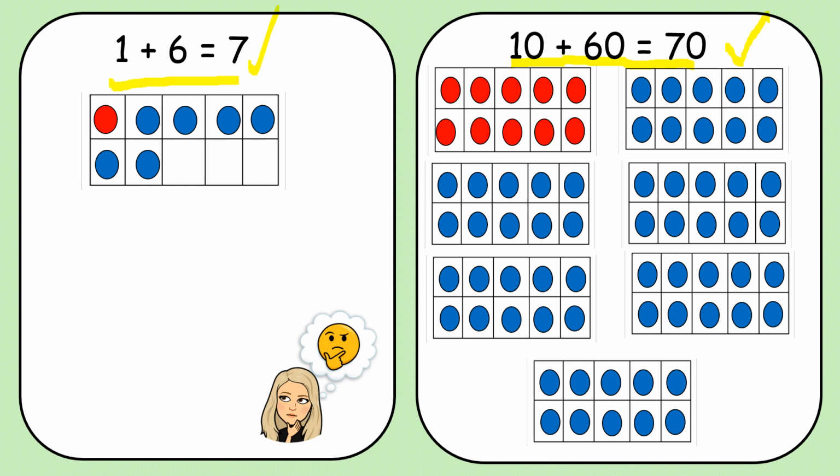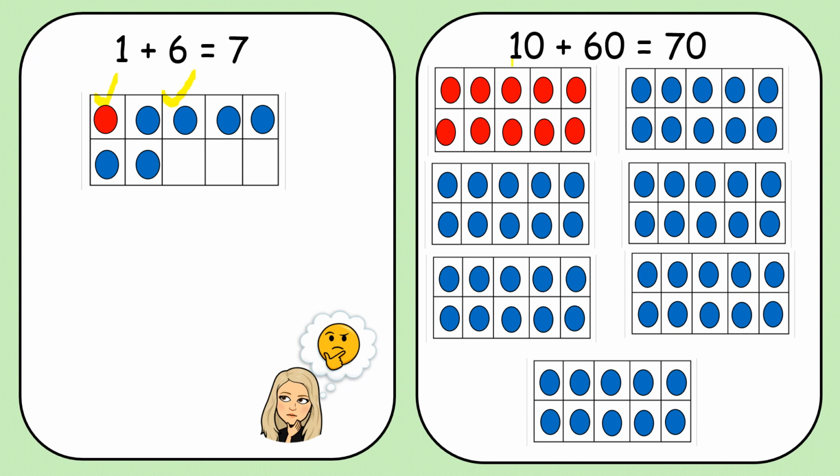Okay, so we can see over on the left, we have got the number sentence 1 add 6 is equal to 7, and there's 1 red and there's 6 blue counters on the 10 frame. Now, if I jump across to the right, I can see 10.